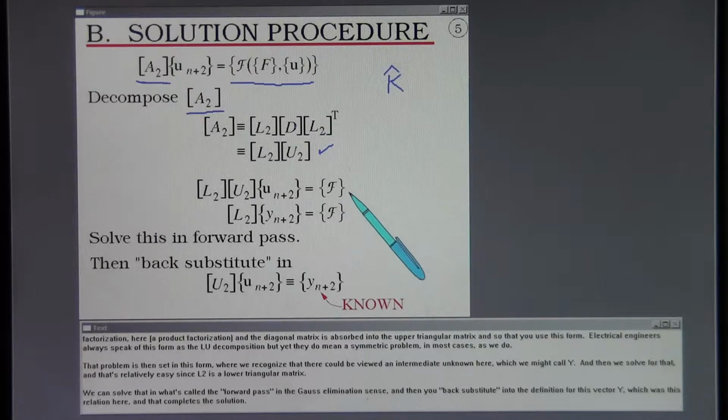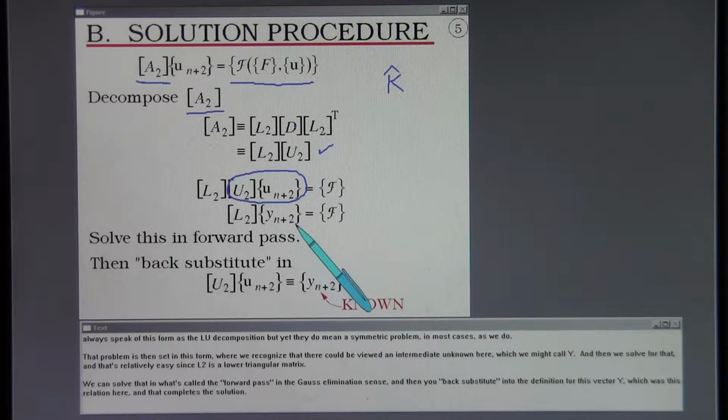That problem is then set in this form where we recognize that there could be viewed an intermediate unknown here, which we might call y, and then we solve for that, and that's relatively easy since L2 is a lower triangular matrix.